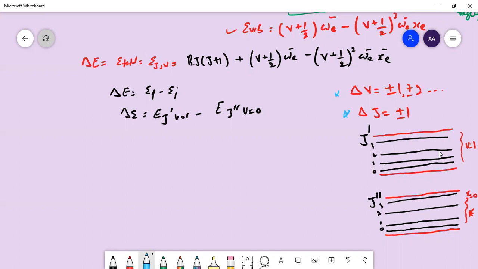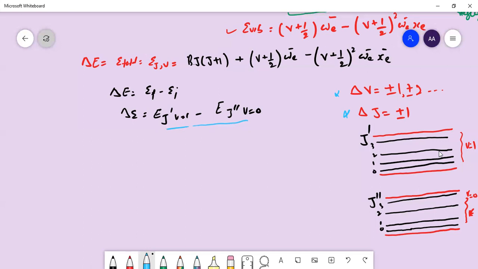Now I will apply the selection rules and calculate the energy of the transition when the molecule is undergoing transition from a lower energy level to a higher energy level. So I will subtract the lower energy level from the higher energy level.